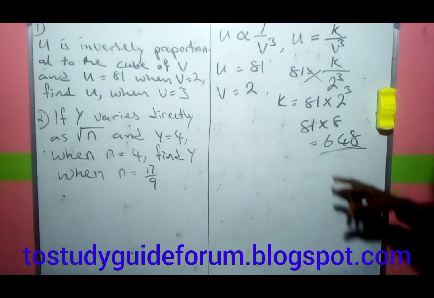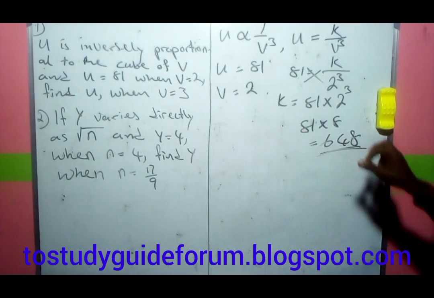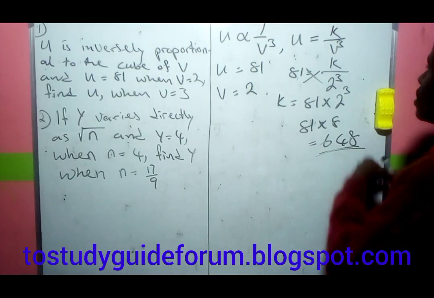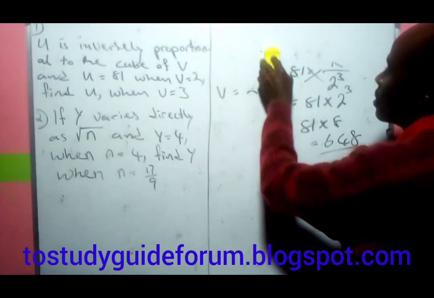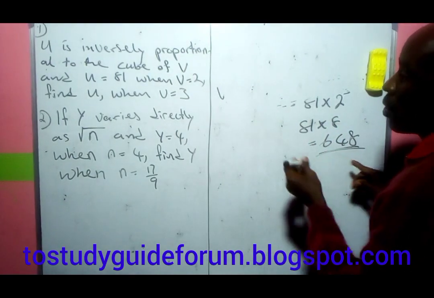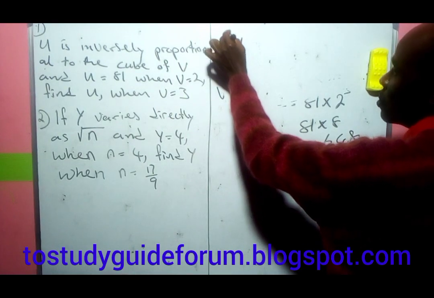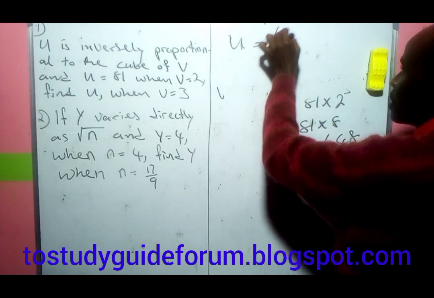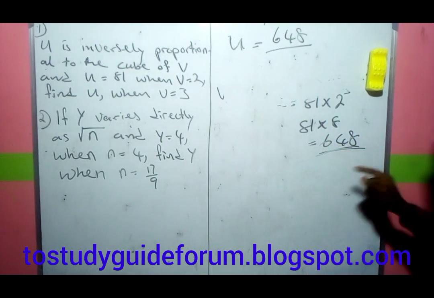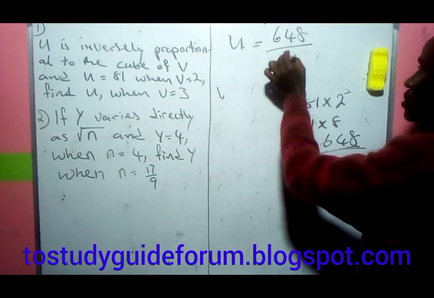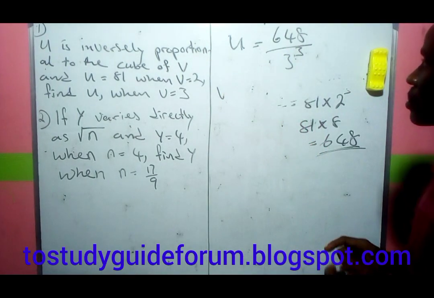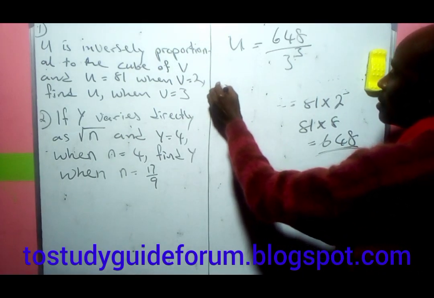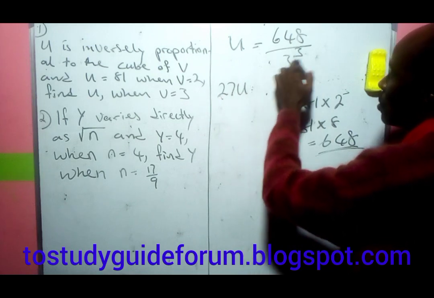Since we have the constant to be 648, U is unknown, K is 648, and V is 3 raised to the power 3. 3 raised to the power 3 is 27.